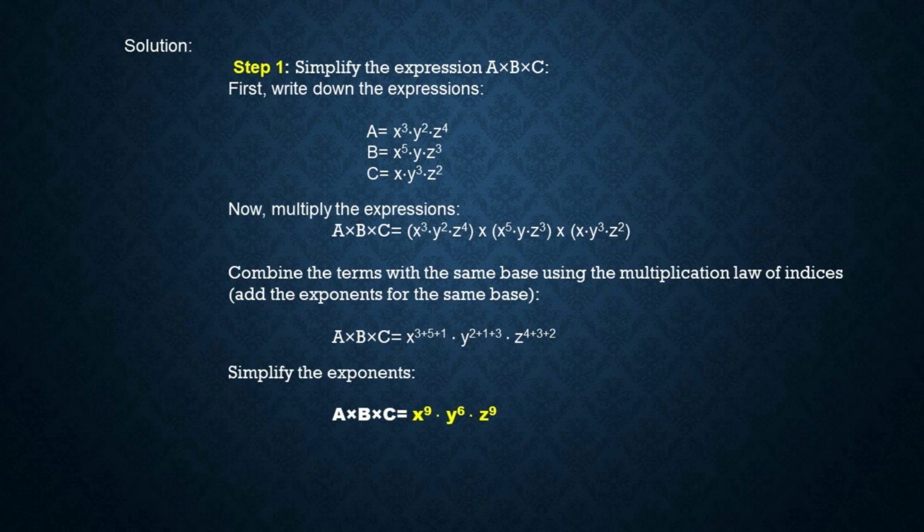Combine the terms with the same base using the multiplication law of indices, or add the exponents for the same base. Lastly, simplify the exponents. So we come up to a new expression x raised to 9, y raised to 6 and z raised to 9.